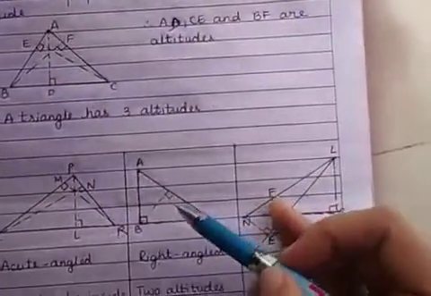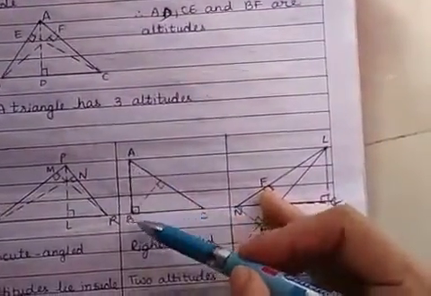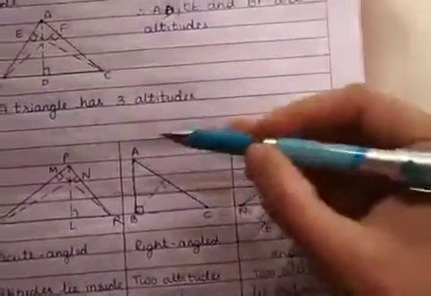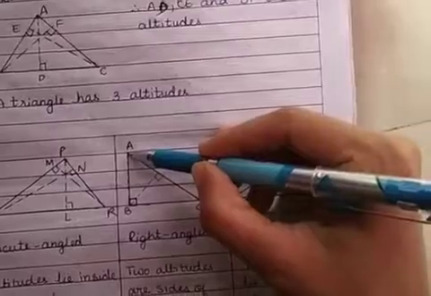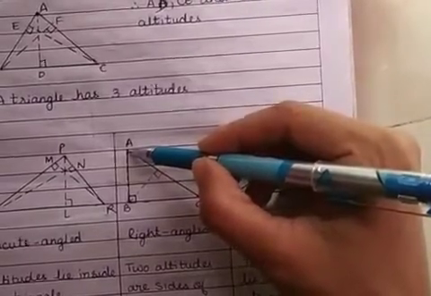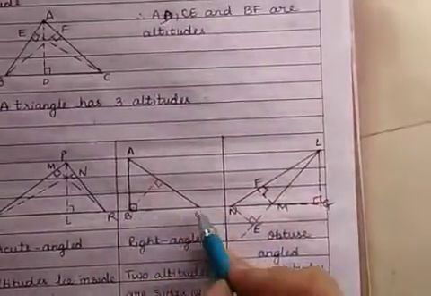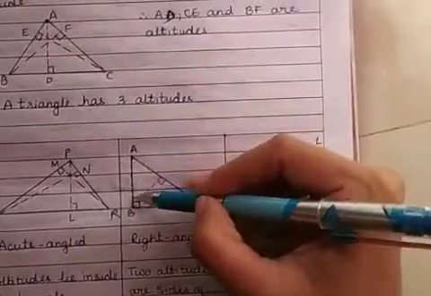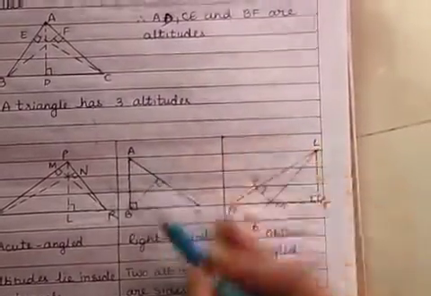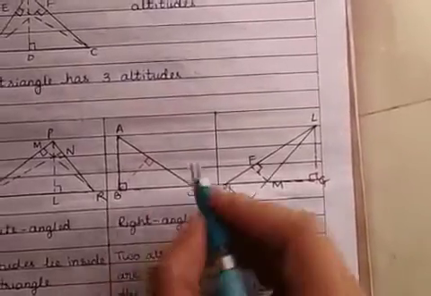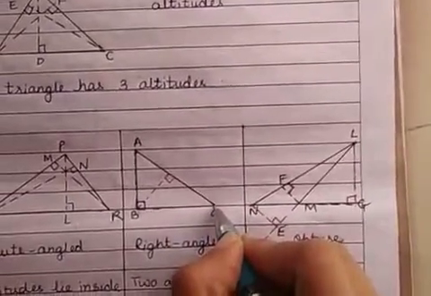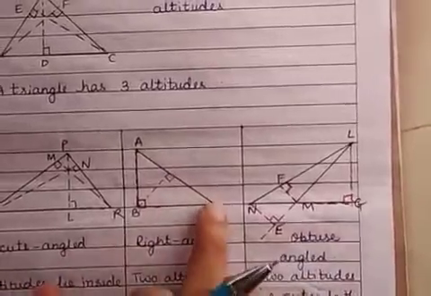So this is the case when we have taken an acute angle triangle. Now what if we take a right angle triangle? Let us take a right angle triangle ABC. If I take the vertex A, what will be my altitude? Altitude is the height. This is my opposite side, so this becomes my height, right? This is perpendicular to BC. Similarly, if I take my vertex as C, which is the opposite side to C?